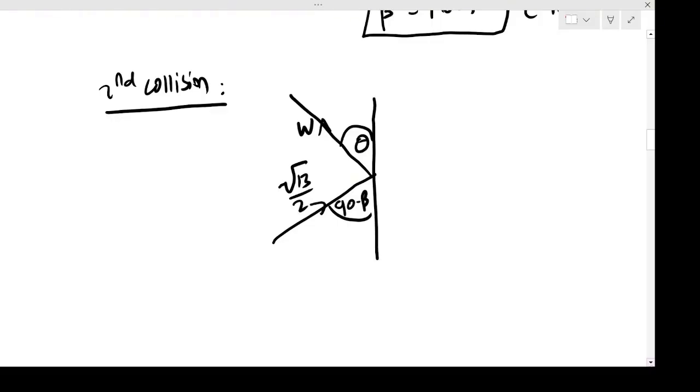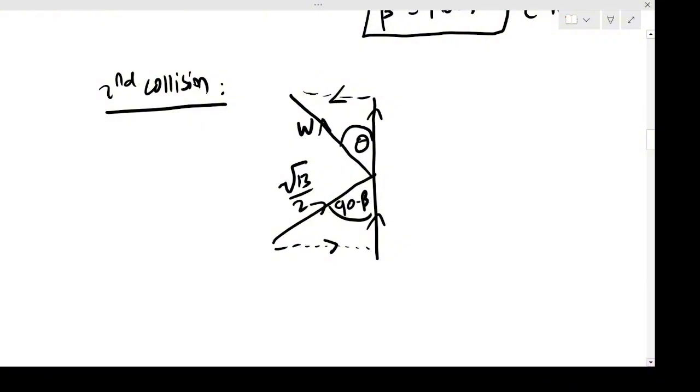Now, if I was to do the components, it's going to go across like this and up the wall, then up the wall here, then across like this.